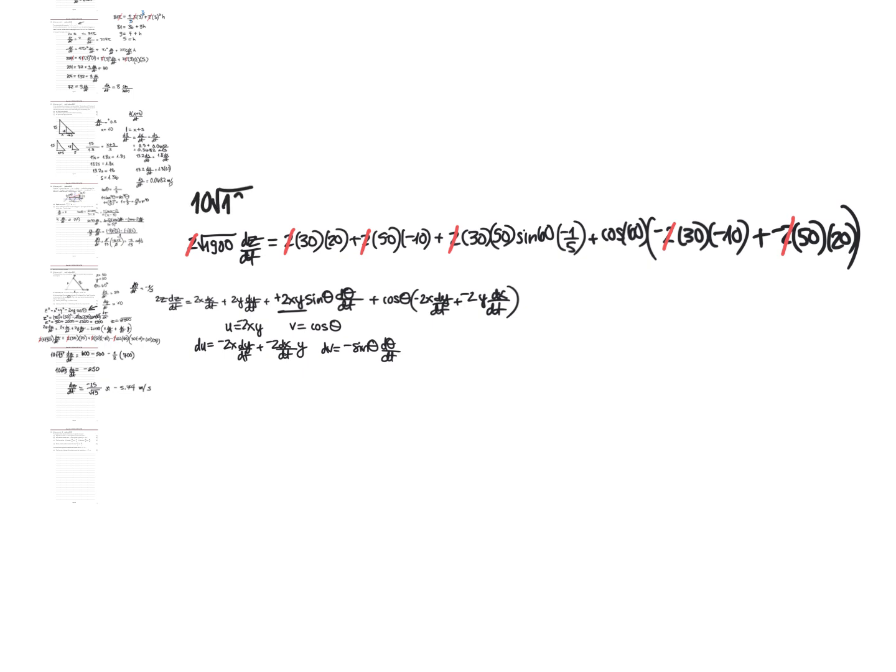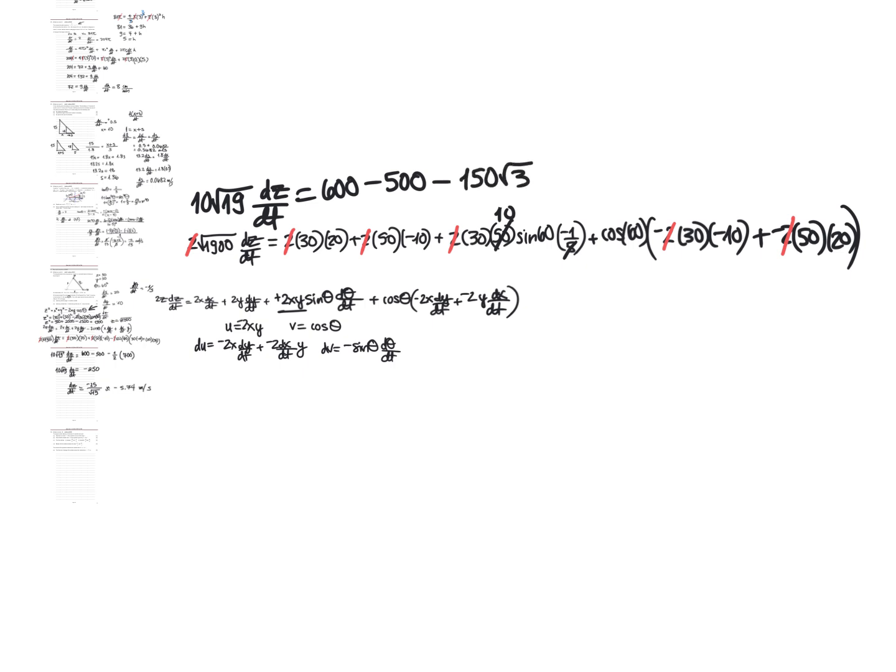So 10 root 19 dz/dt equals, now that's 600 minus 500. And then sine 60 is root 3 over 2. Okay, wait. So this is minus, first of all, 50 and 5 cancel to be 10. So that's minus 300 root 3 over 2, which I'll write as 150 root 3 actually.